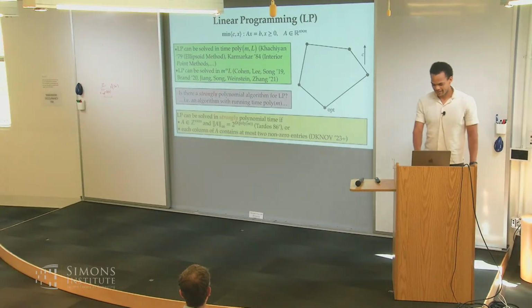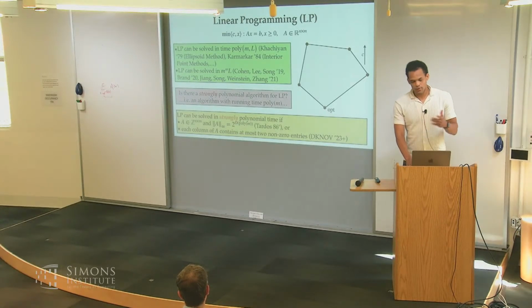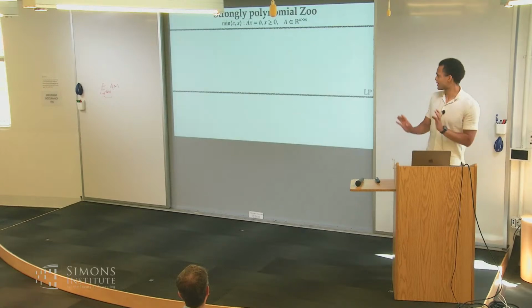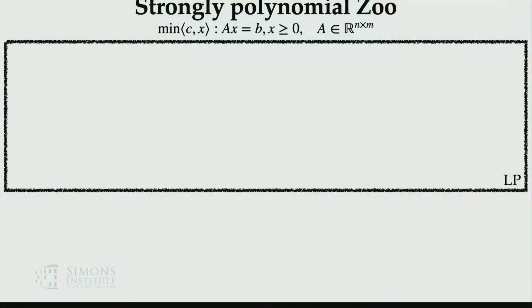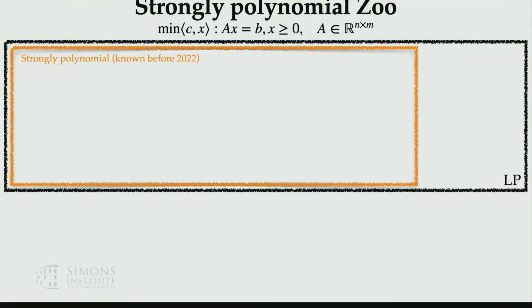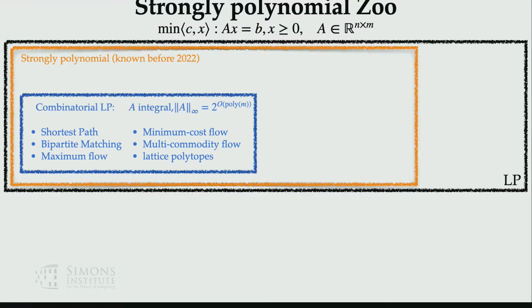Okay. And now there's the slide that Yinyu showed last time, and I'll just write a new update to this now. So if you're interested in strongly polynomial algorithms versus weakly polynomial, then what we had before last year is all these classical combinatorial problems, and a few more.